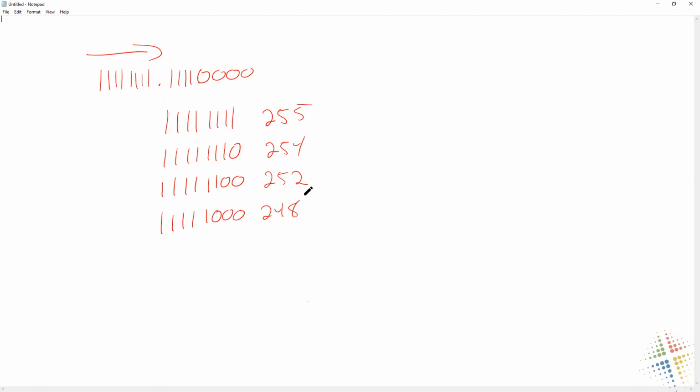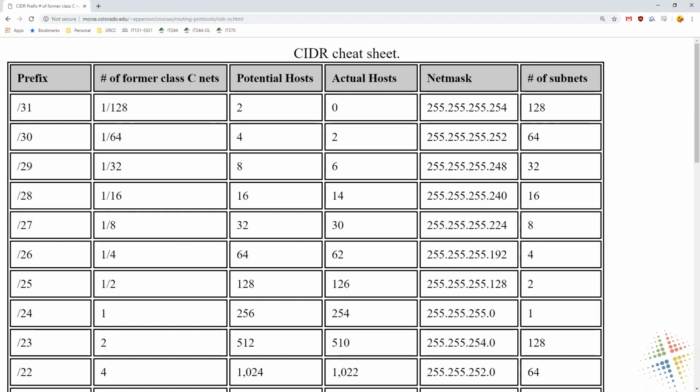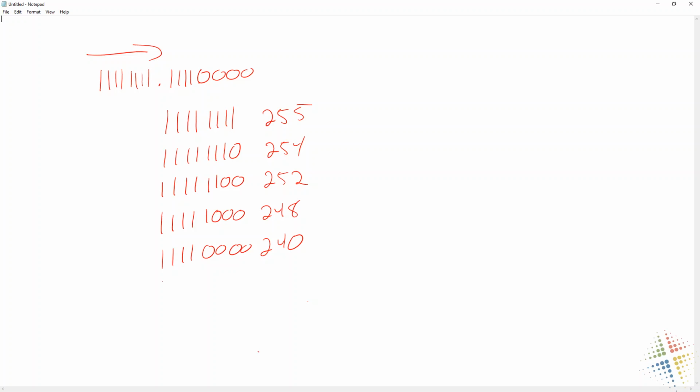Let's see, 1 1 1 1 0 0 0 0, 240. Now I have to look at my cheat sheet. Yes, 248, 240. Okay, 224, and so on and so forth.